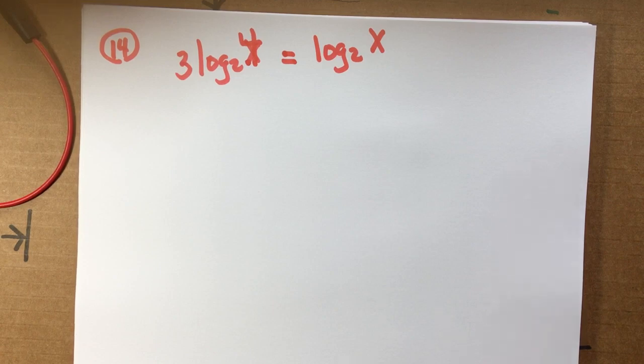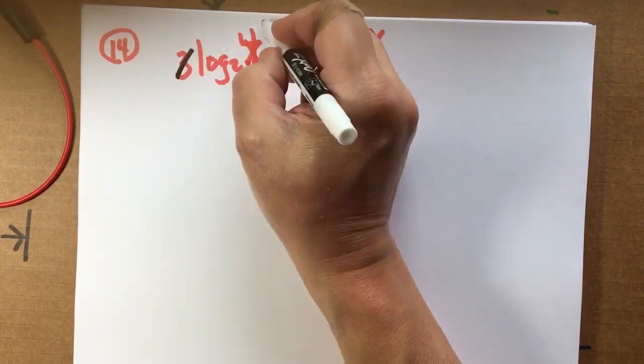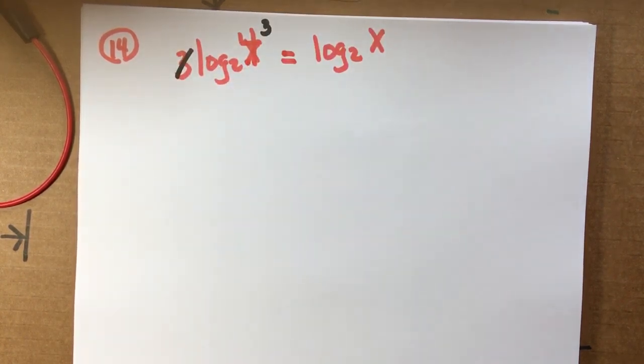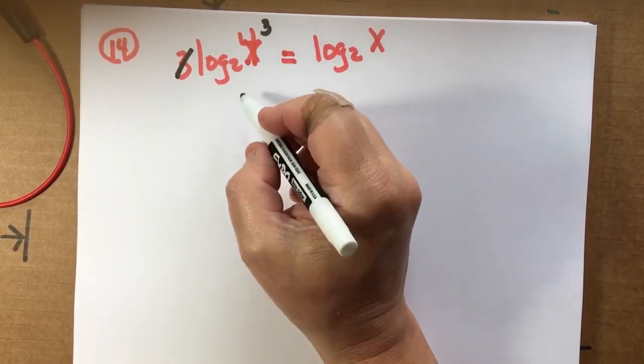It's a complicated log equation. It's an equation where the word log appears more than once. Oh, there's a number in front of the word log. That's an exponent. It's 4 to the third power. Does everything have the word log? Yes. So, drop the word log.